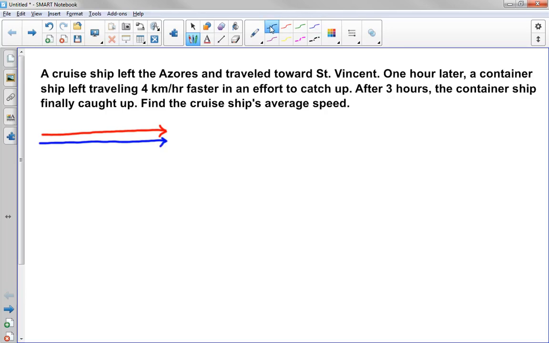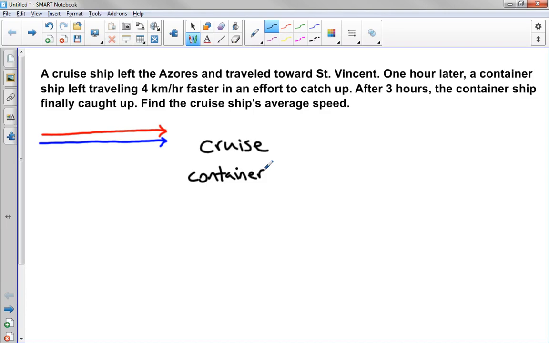Now, just like an example that you've seen in class, in these sort of distance, rate, time problems, and lots of other types of word problems as well, you're much more likely to be successful if you organize your work into a nice, neat table. So that's what we'll do. We're going to talk about the cruise ship's information, and the container ship's information. Since we're talking about distance, rate, and time, I want to talk about all three of those quantities for each ship.